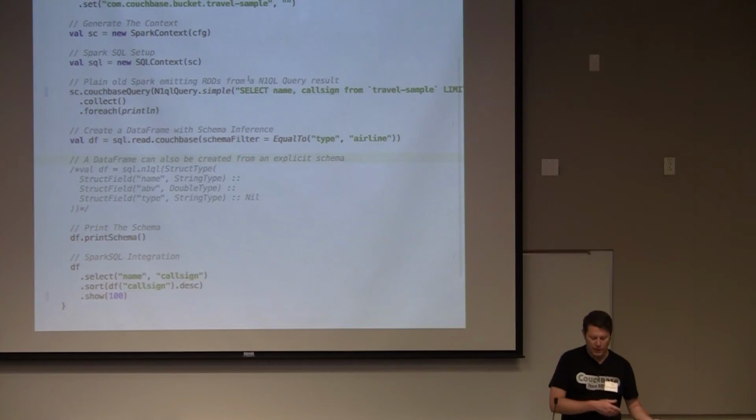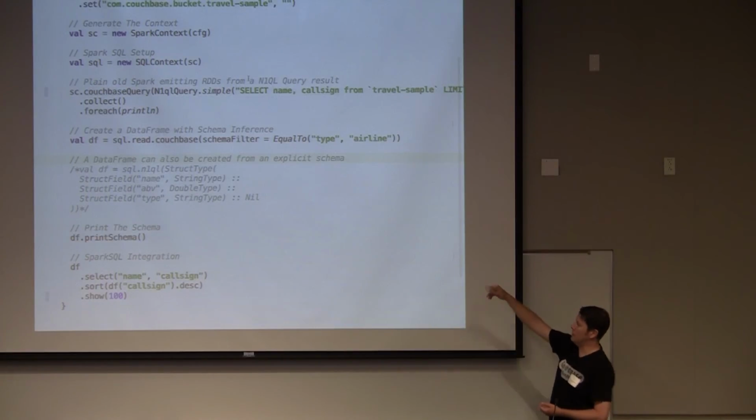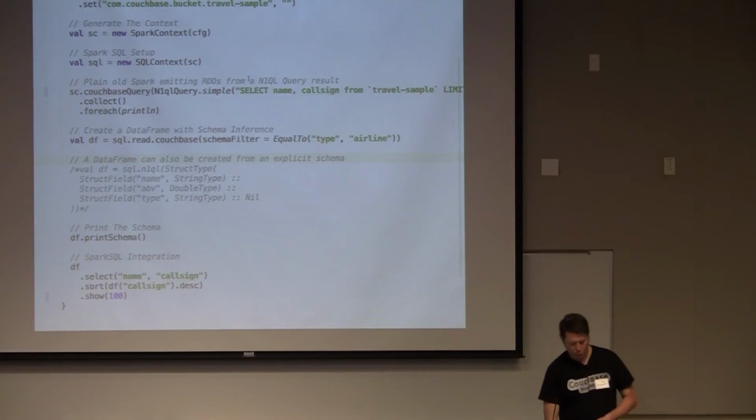So we can create that data frame by inferring the schema and print the schema out. So Spark will tell us, this is what I found based on the data that I got back in this particular query. So just running that really briefly.